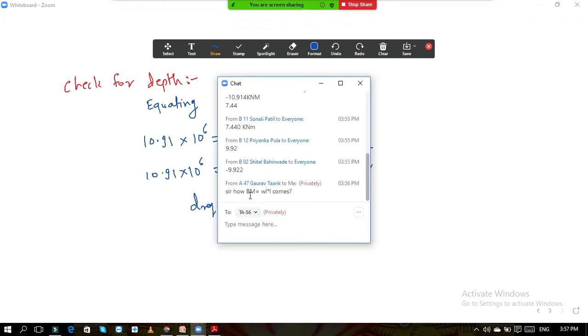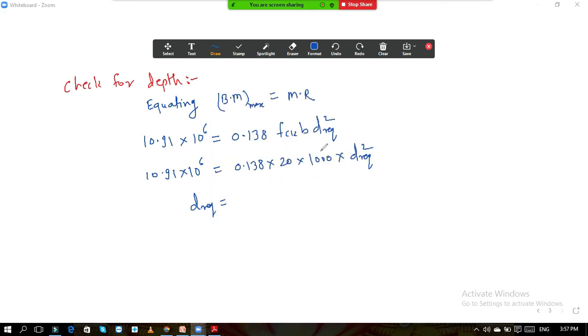So how bending moment is equal to WL square comes? Have you joined late, rule number 47? Because I have explained this in that IS code where we are taking the coefficients. So go to that table and read the note below. Below that table note is given. So please read that note carefully so you will understand from where this value WL square comes. Okay.